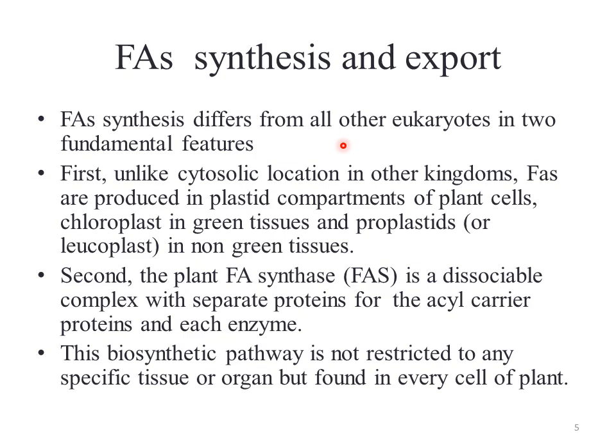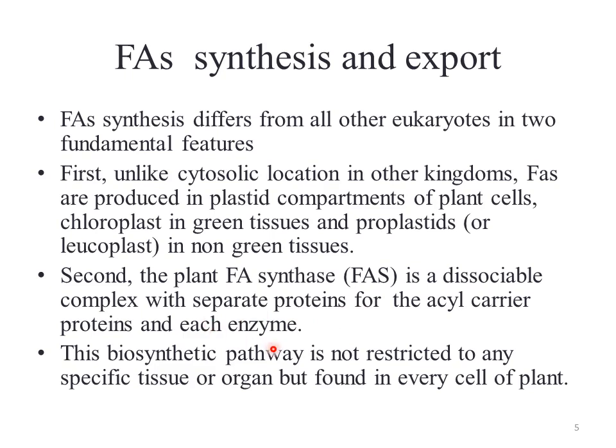First, unlike the cytosolic location in other kingdoms, fatty acids are produced in the plastid compartments of the plant cell, in chloroplasts in the green tissues and proplastids or leucoplasts in non-green tissues. Secondly, the plant fatty acid synthase, which is the enzyme, is a dissociable complex with separate proteins for the acyl carrier protein and each enzyme.